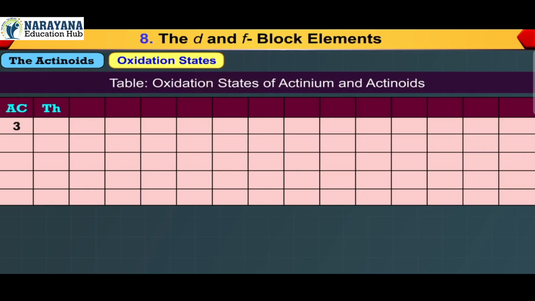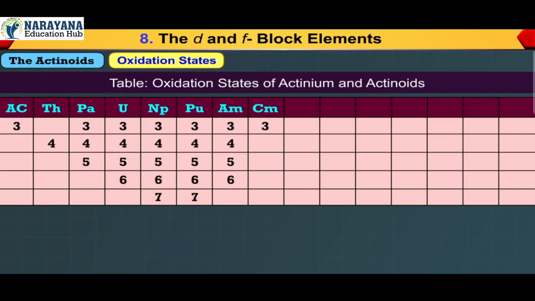Actinium 3, thorium 4, protactinium 3, 4, 5, uranium 3, 4, 5, 6, neptunium 3, 4, 5, 6, 7, plutonium 3, 4, 5, 6, 7, americium 3, 4, 5, 6, curium 3, 4, berkelium 3, 4, californium 3, einsteinium 3, fermium 3, mendelevium 3, nobelium 3, lawrencium 3.